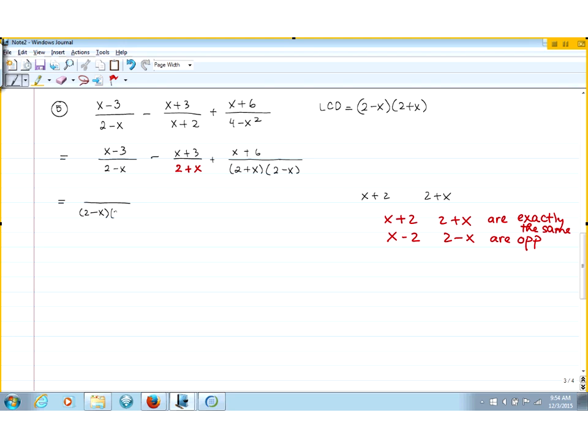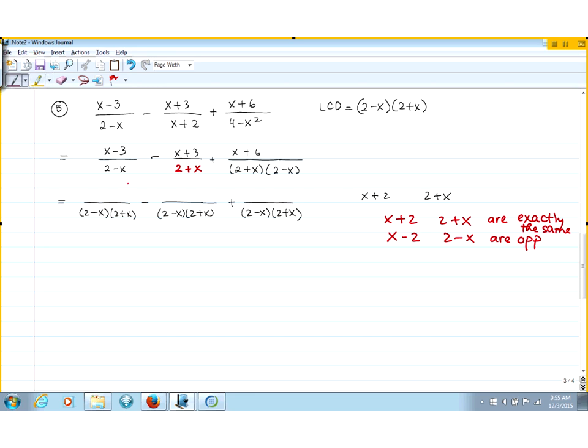This is 2 minus x and 2 plus x. On the second one, I have the same thing, 2 minus x, 2 plus x. And on the third one, I have the same thing, 2 minus x, 2 plus x.